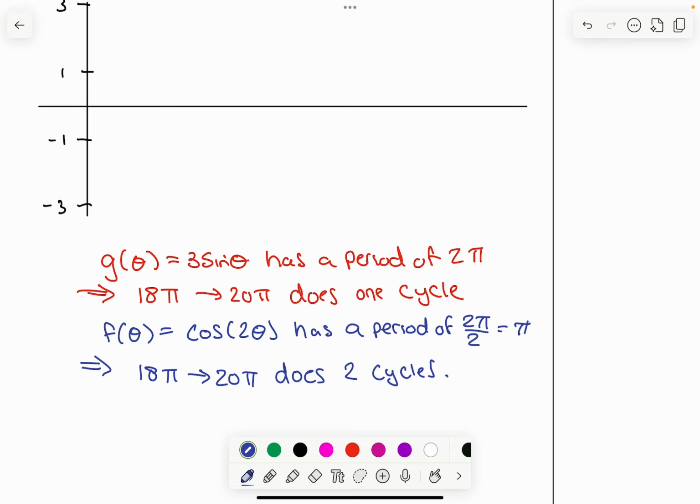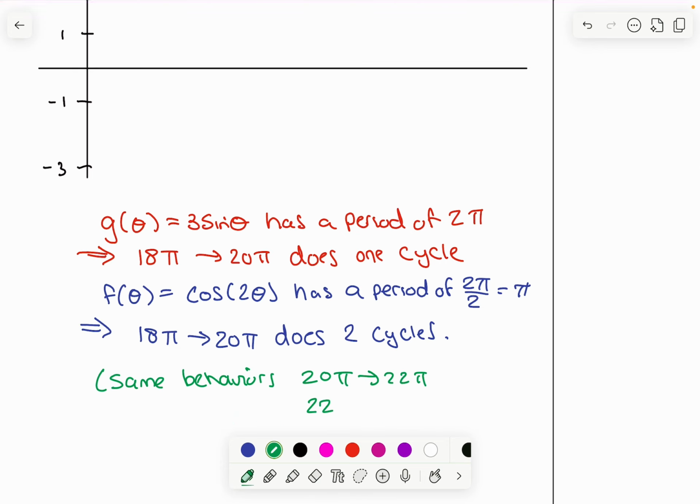It's going to do one cycle from 18 pi to 19 pi, and then another one. So what we know at that point is that these behaviors are going to repeat, the same behavior, from 20 pi to 22 pi, and also from 22 pi to 24 pi.